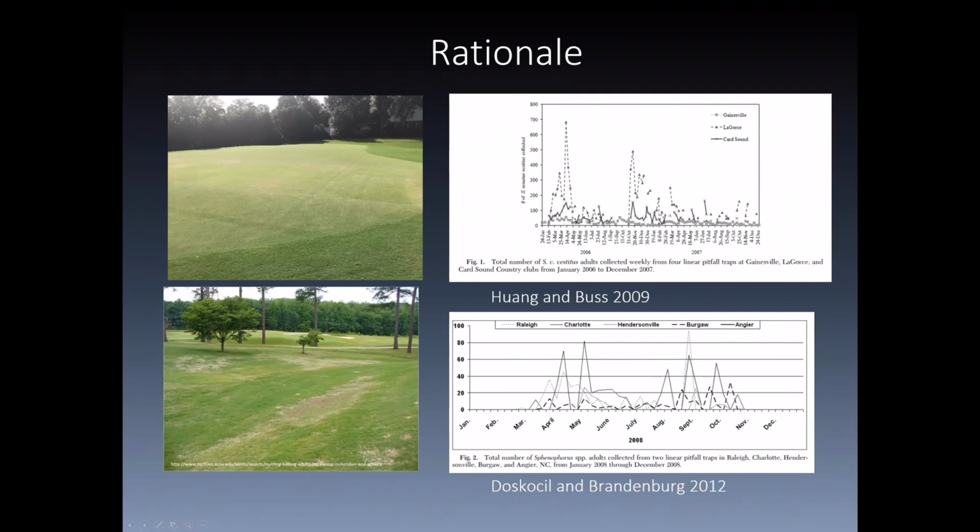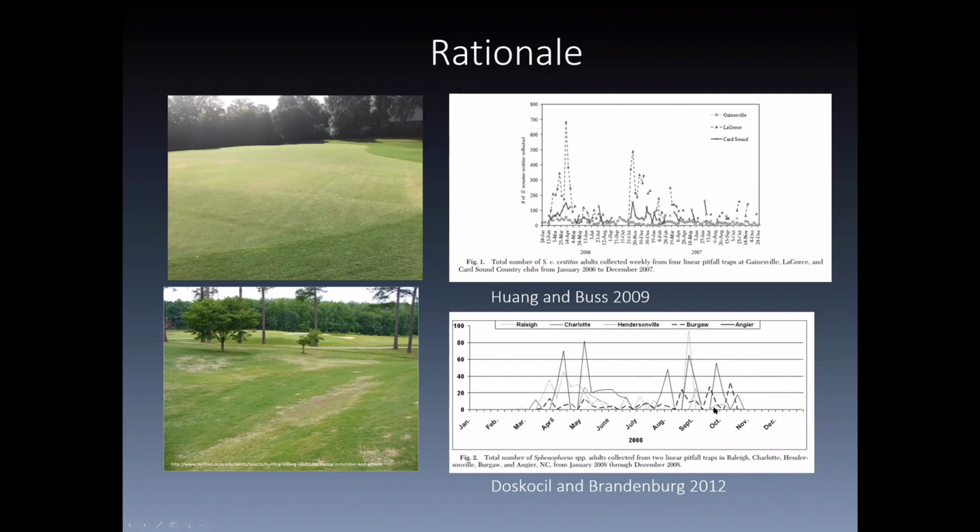Some major spikes, but other smaller spikes, and there's a lot of variability between different sites too. So this is all done in golf courses, okay? And in North Carolina, again, you're seeing a few spikes, and in some areas you're not seeing them. So there's so much variability in their population pressure. The spikes suggest that more adults coming out means more generations.